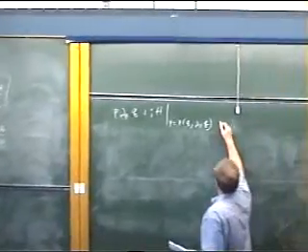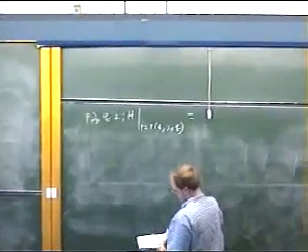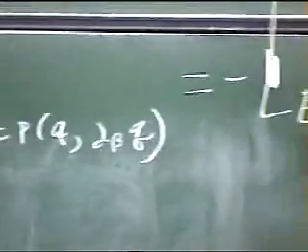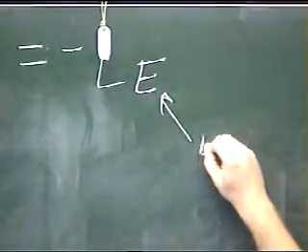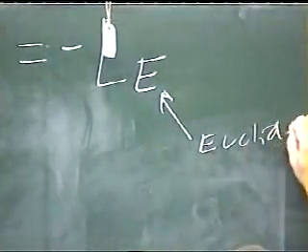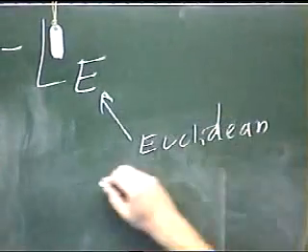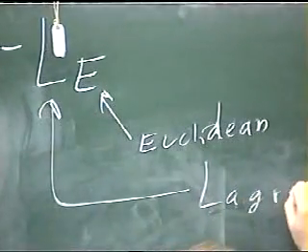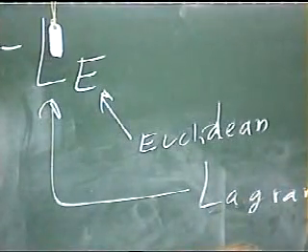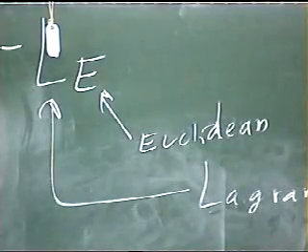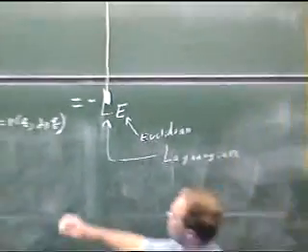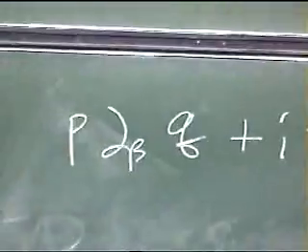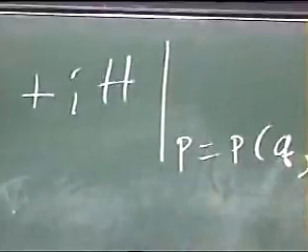We will define the result to be something we call minus the Euclidean Lagrangian. Just as in usual physics, we have a very similar expression without an I and with a minus sign that relates this to the usual Lagrangian.